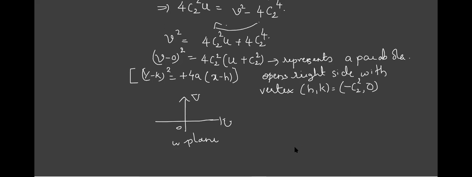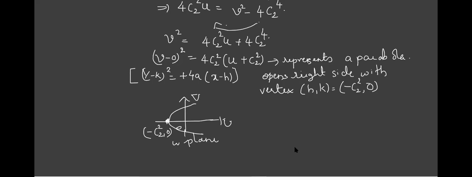So this is my minus C2 square, comma 0. With this as the vertex, you should draw a parabola opening right side. So I should draw it like this.